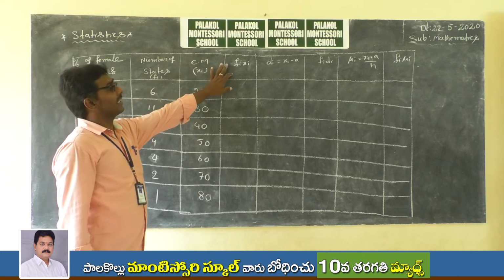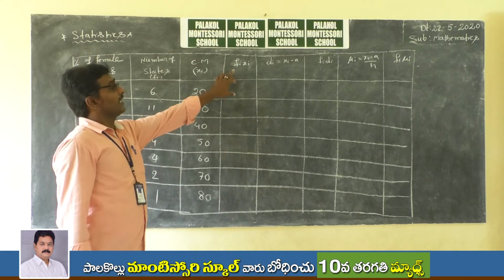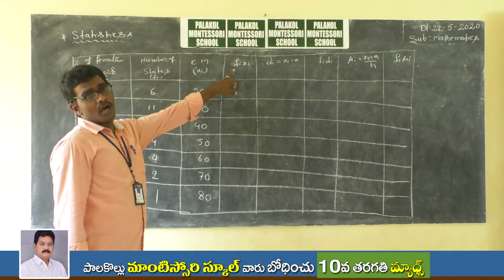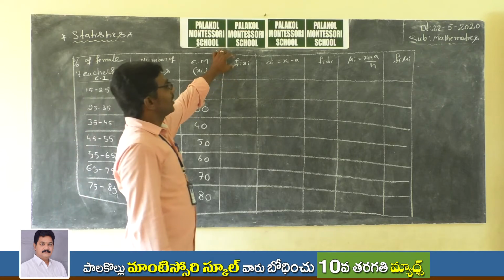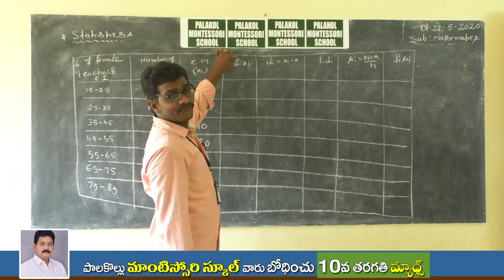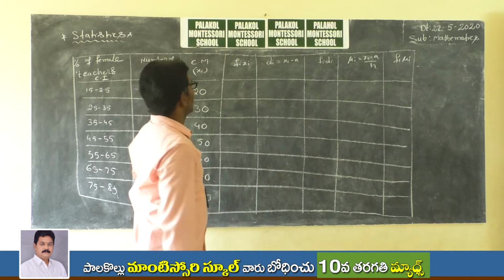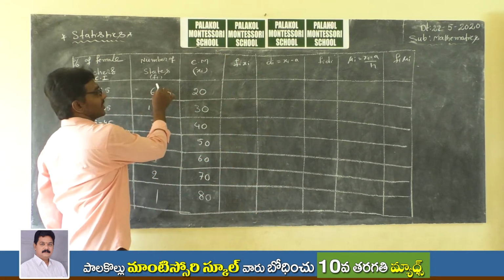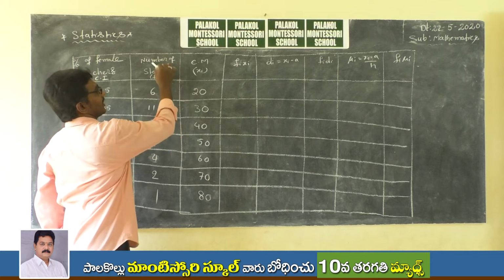Next you calculate sigma fi xi. How to calculate fi xi? It means multiplication of fi and xi. Here fi this one, xi this one. Directly multiply these two.